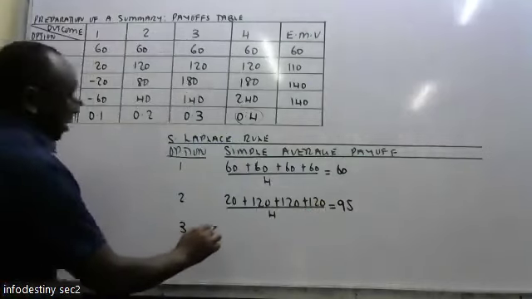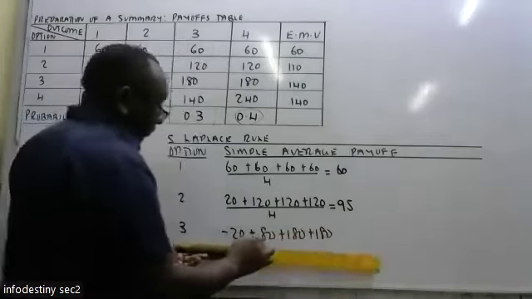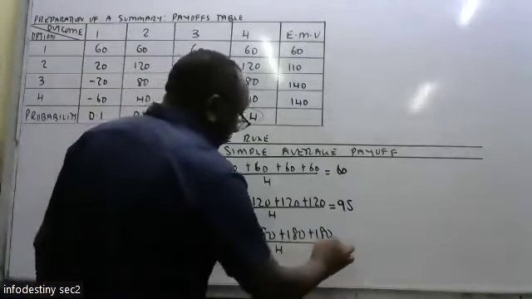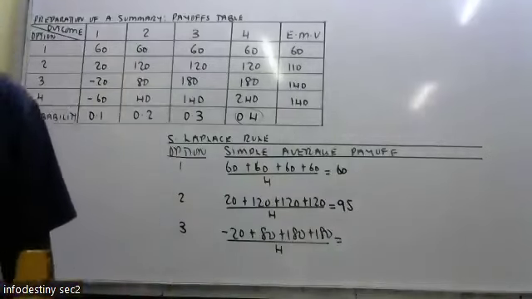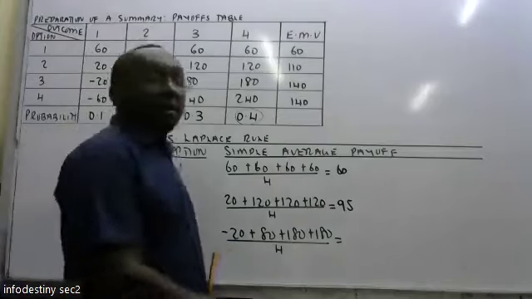We go to number 3: minus 20 plus 80 plus 180 plus 180. You divide by 4. You said 105.